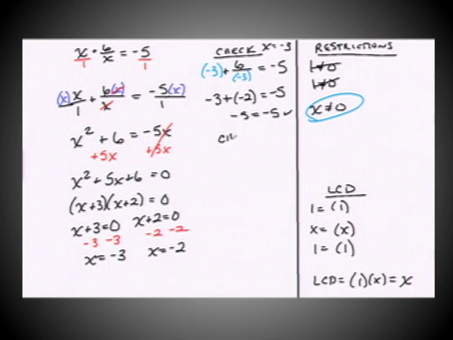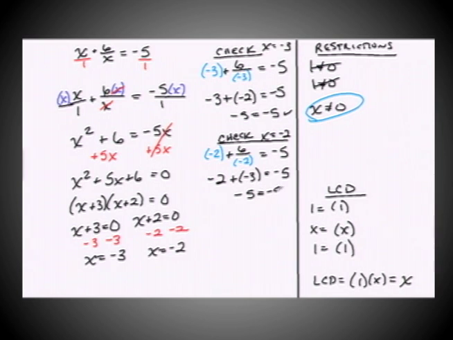Now I also need to check -2. So I'm just going to plug it into the original equation just like I did with -3, and simplify down each side. So I have -2 plus -3 is -5, and -5 equals -5.